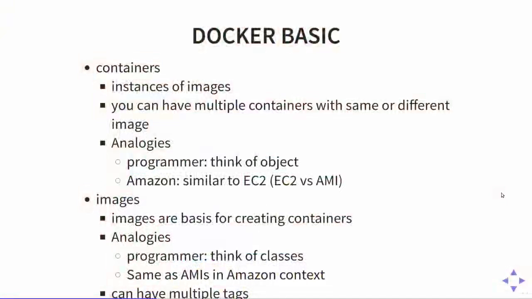If you have never used Docker, you can think of images and containers this way. If you're a programmer, you can think of containers as objects and images as classes, right?